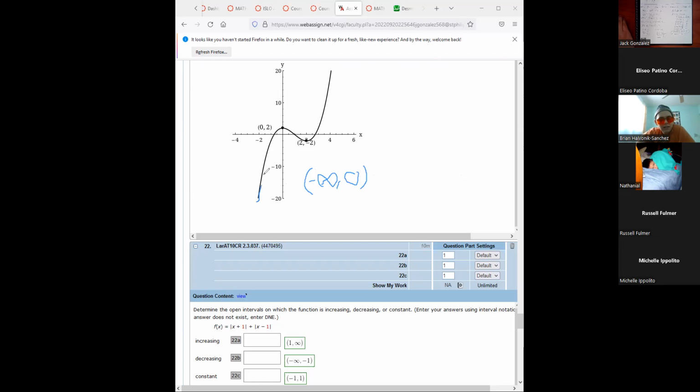See how the car's going up here, and then starts going down, and starts going up again, right? And the 2 to infinity. Yeah, it's going to be 2 to infinity. So this would be where we are increasing. And we're only decreasing in this location right here, in between here.